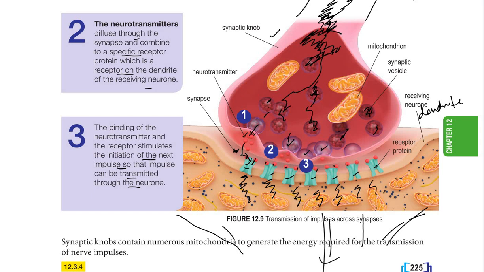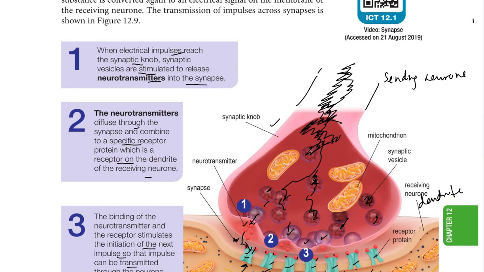I repeat, first, an electrical impulse reaches the synaptic knob. Synaptic vesicles are stimulated to release neurotransmitter into the synapse.